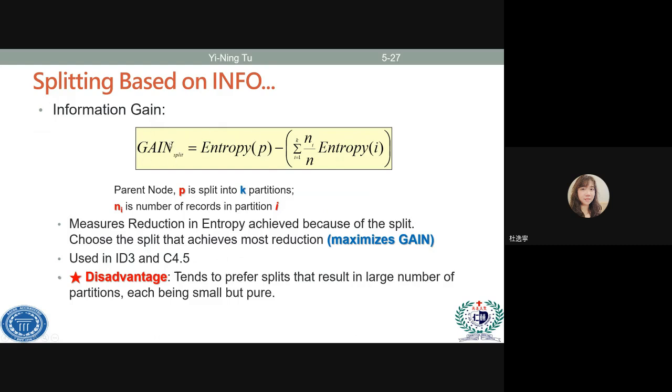Gain here has a very important name. We call it information gain. In some textbooks, they have another name. Sometimes you will hear somebody say info gain, information gain.